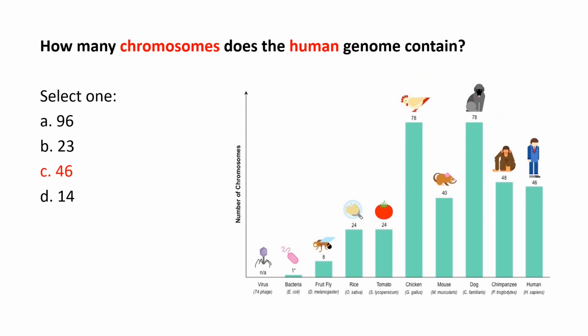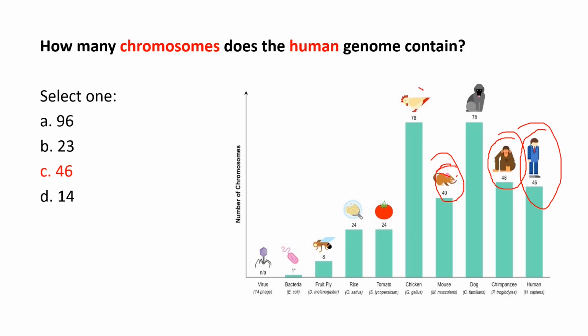Last thing, something that is very interesting is that although we think that humans are so complex, so they will have more chromosomes, that is not correct. Actually, humans are not the animals or plants that have more chromosomes. Humans have 46, but for example, chimpanzees have more. We are very close to the amount of chromosomes that a mouse has.